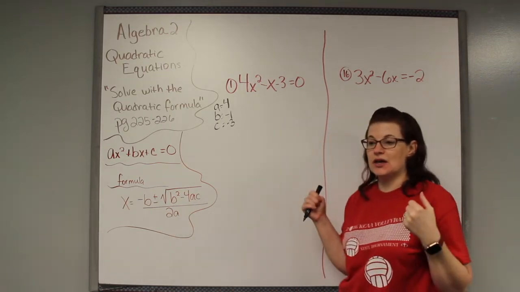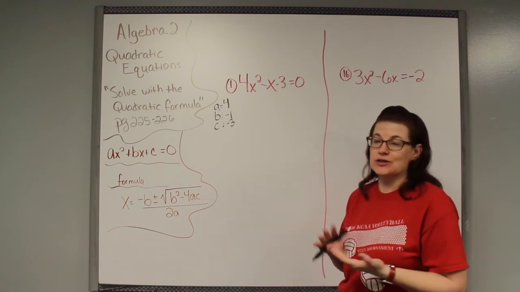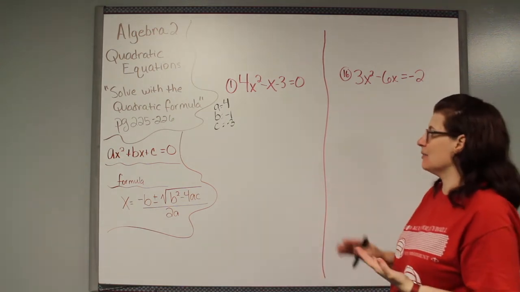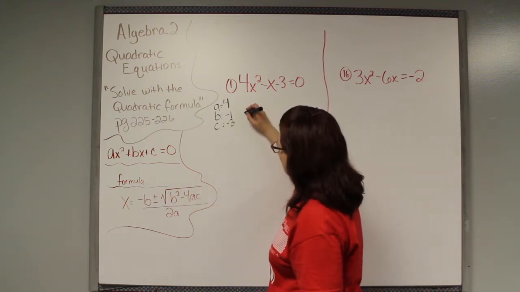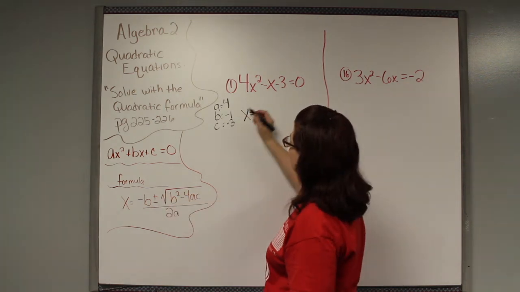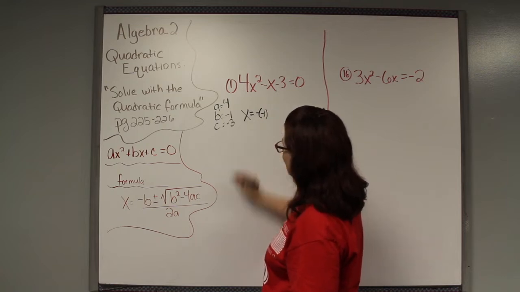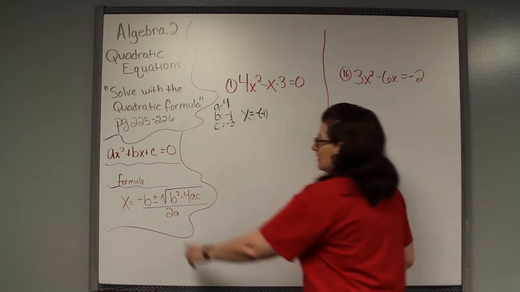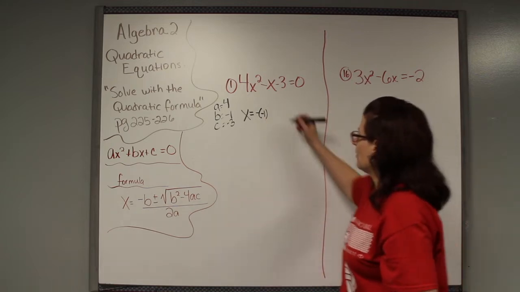Sometimes you will get regular numbers, whole numbers. Sometimes you will get radicals and you need to simplify them as much as you can, but sometimes they stay there. So this formula is x equals -b, so b is -1, so I'd say negative times -1. That's a -b. b is already negative, but we have to show both of them.